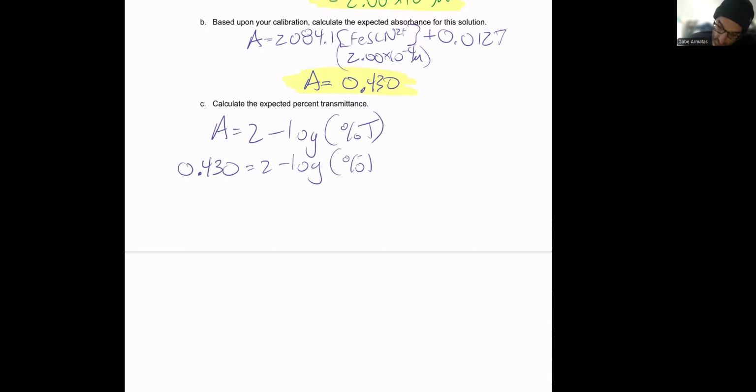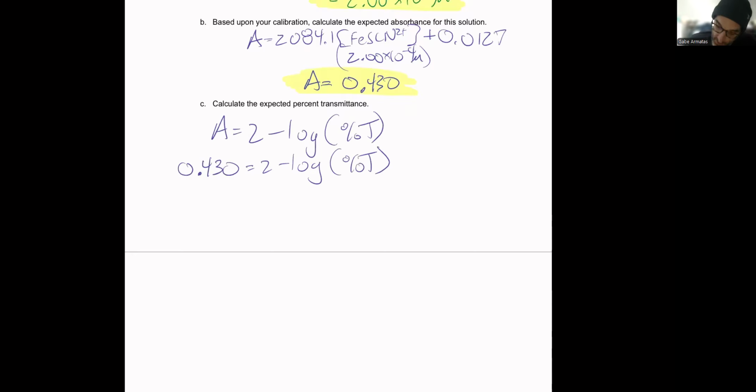Calculate the expected transmittance. Okay, we can do that. Easy enough. Absorbance is equal to 2 minus the log of percent transmittance. My absorbance value of 0.430 equals 2 minus log of percent transmittance.